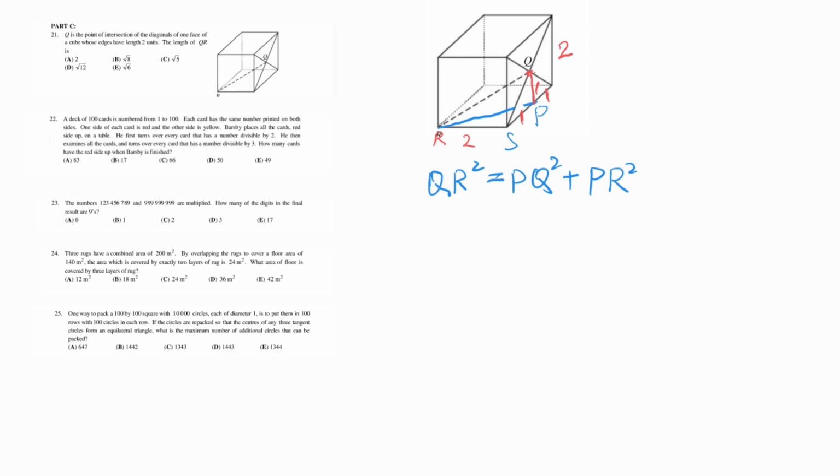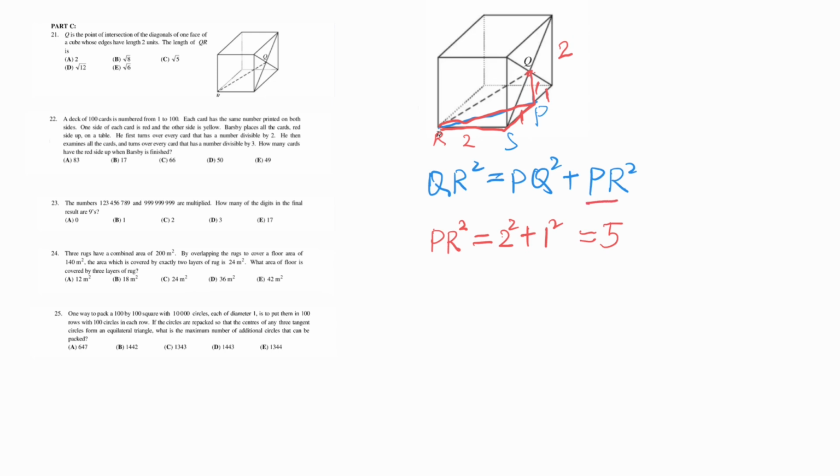And now we can find PR square. PR square equals, that's the Pythagorean theorem, 2 square plus 1 square. The triangle we use is this one. That is the right triangle, so it equals 5.